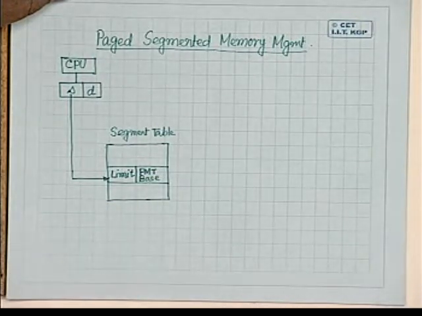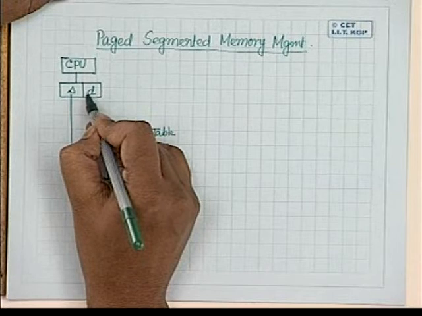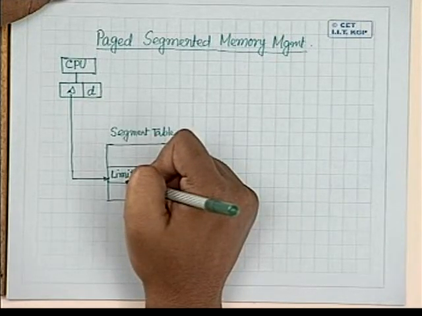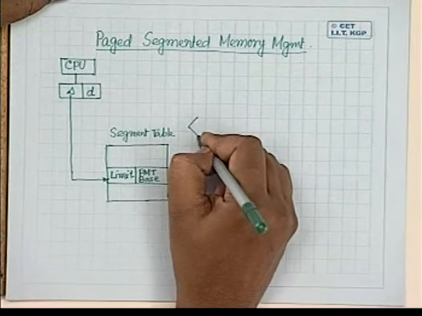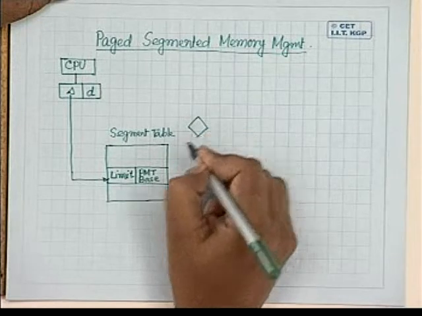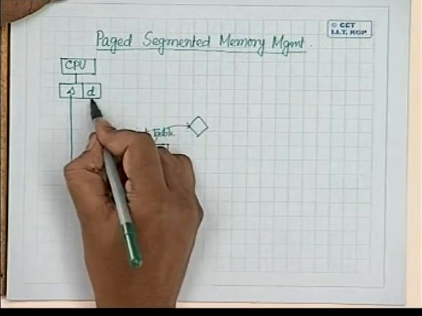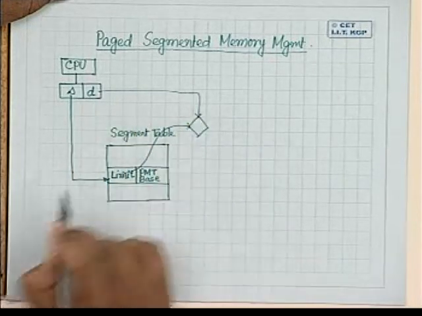Here the first operation you have to do is compare this limit with D, because the same restriction applies: D cannot exceed limit.